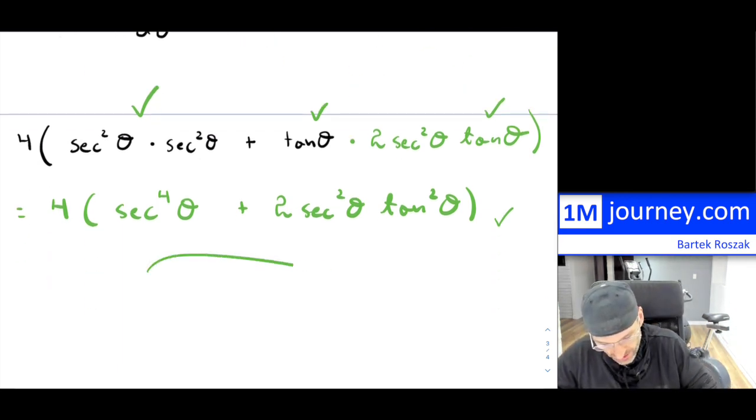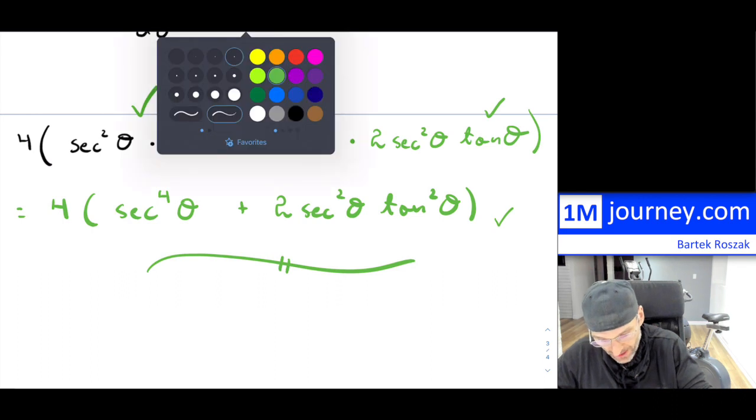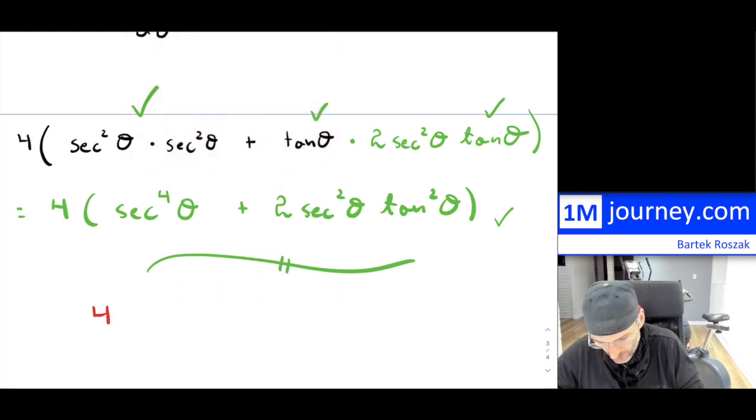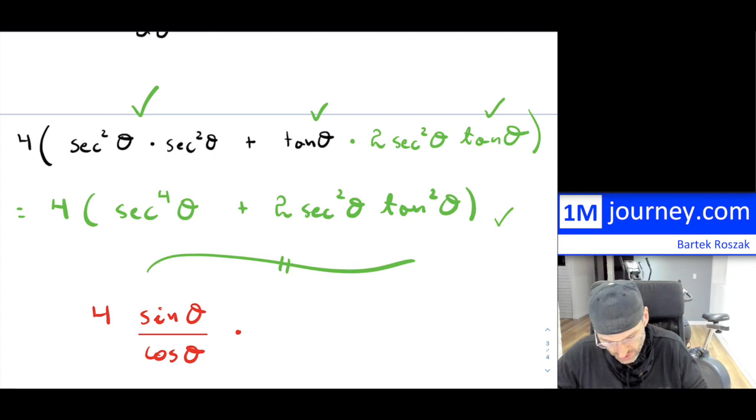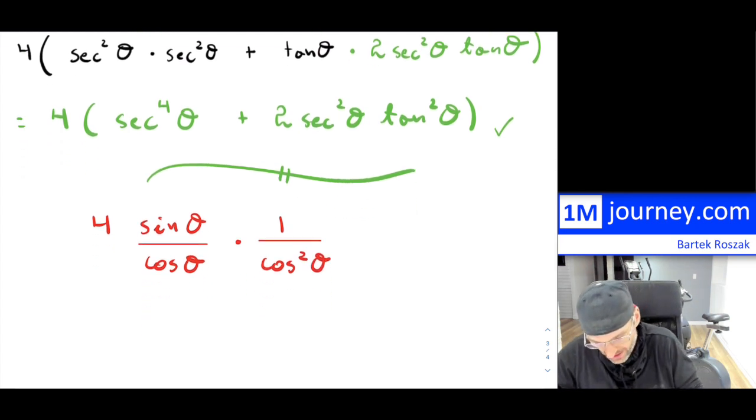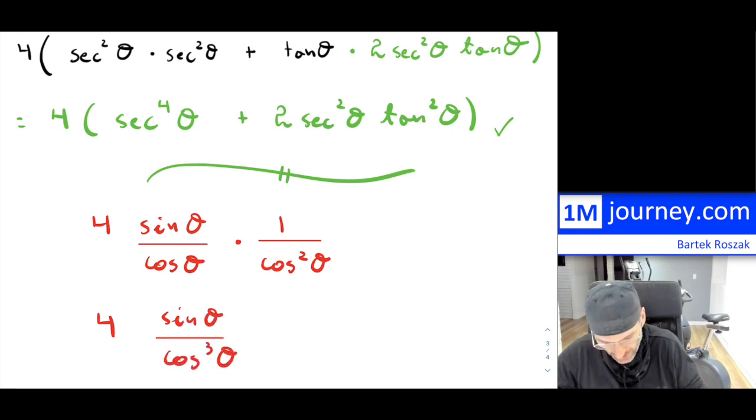So if I would have done this in a different way, I would have said, okay, well, I have 4. Now, for some reason I can remember that tan theta is sine theta over cos theta. And then secant squared, well, that is nothing else but 1 over cos squared theta. And this, right, is nothing else but 4. And then I have my sine theta all over, and this is going to be cos cubed theta.